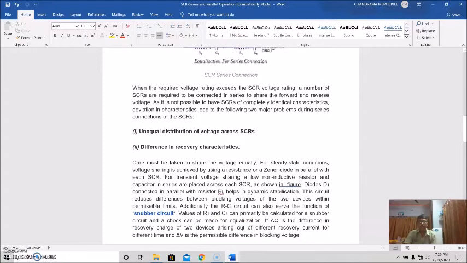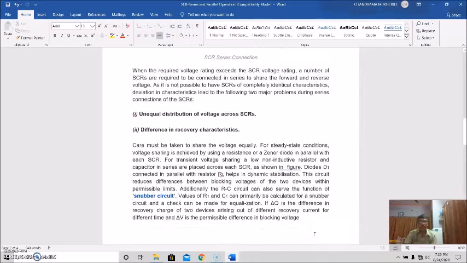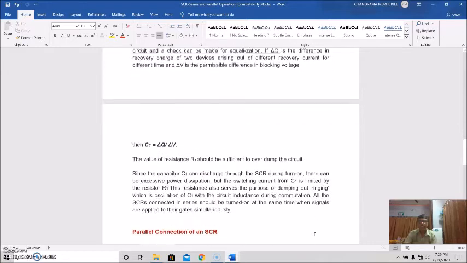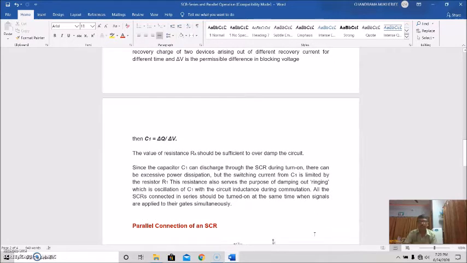If delta Q is the difference in recovery charge of the two devices arising out of different recovery current for different time, and delta V is the permissible difference in blocking voltage, then C1 equals delta Q by delta V, and the value of the resistance R should be sufficient to overcome the circuit.